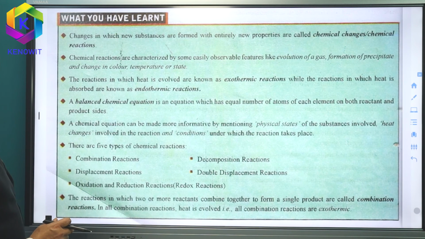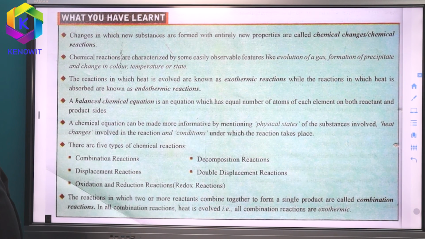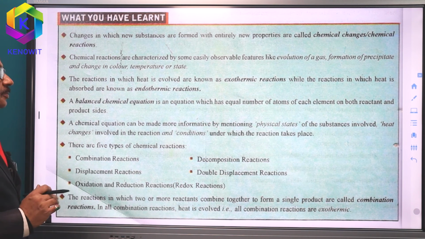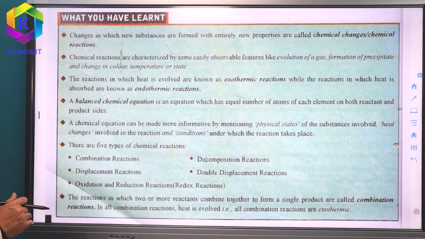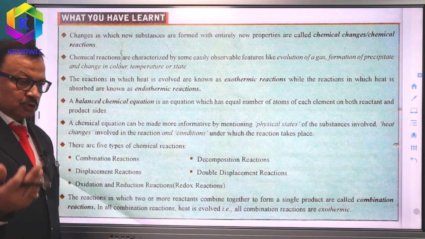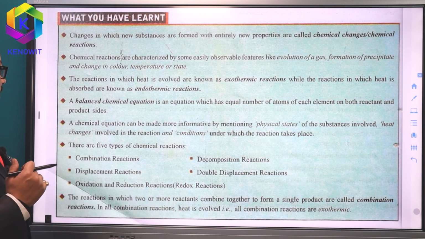Then what you have to learn. The learning outcomes: first of all, in this chapter, change in the substance, new substances are formed, that is chemical change. Chemical reactions are characterized by different observations like formation of precipitate, change in color, change in temperature, and change in state. The reaction in which heat is evolved is exothermic, and in which heat is absorbed is endothermic.